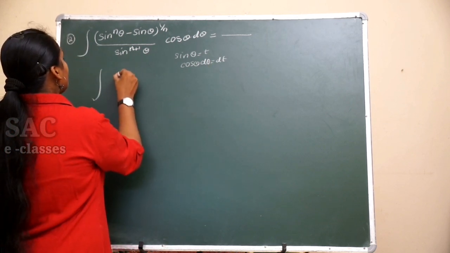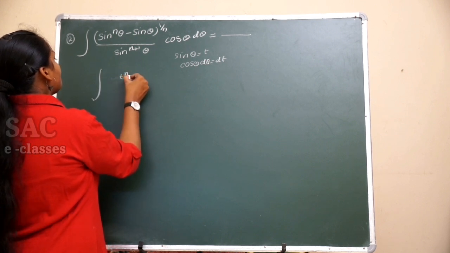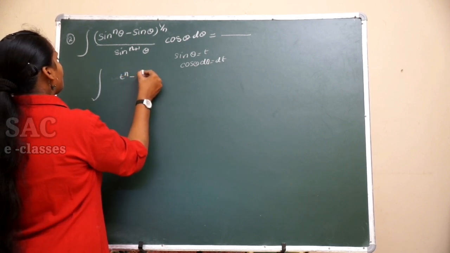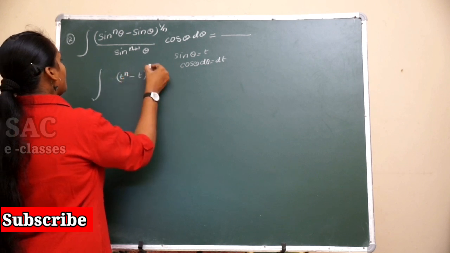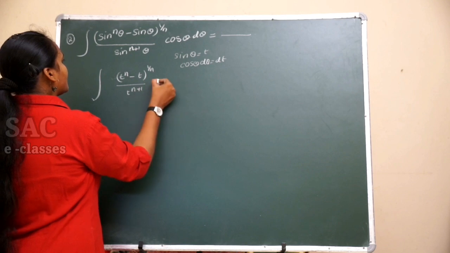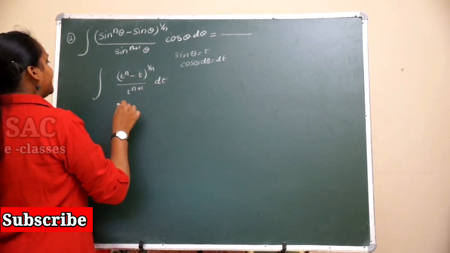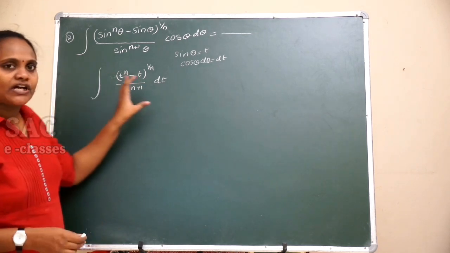Now let me consider this total and simplify it as (t^n − t)^(1/n) / t^(n+1) into dt. In this way I have converted.